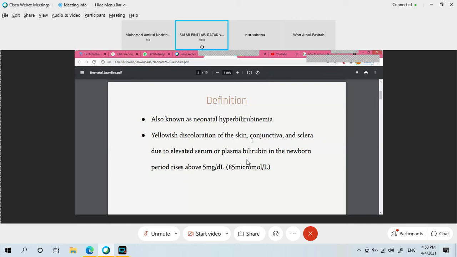If you were to convert, kita bagi 17 kan? 17 kali 5 sama dengan 85. Usually if you communicate with me, I'm using micromol per liter. So by right shouldn't have any jaundice unless the patient has more than 85 micromol per liter. That one scleral jaundice lah, not yet. I think the skin might not be so apparent yet.